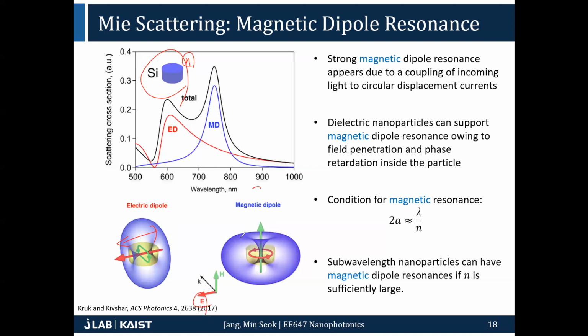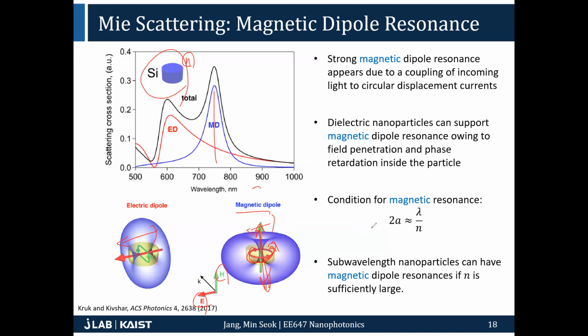And for the magnetic dipole, when you have an oscillating magnetic field, in order to create this dipole moment, the electrons in the particle should rotate back and forth, right? In order to create a vertically oscillating magnetic dipole. So in order to induce magnetic dipole resonance, the size of the particle is very important.